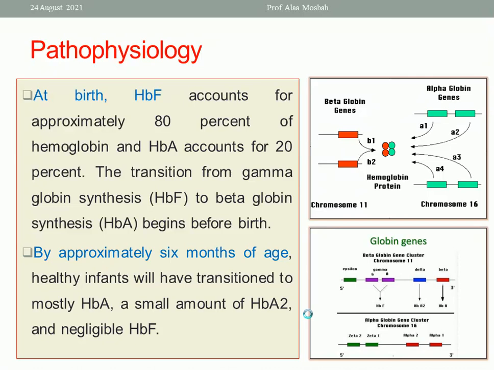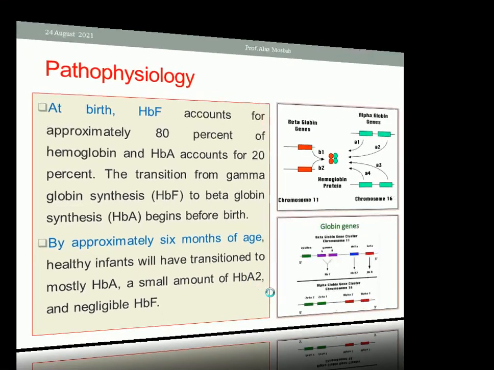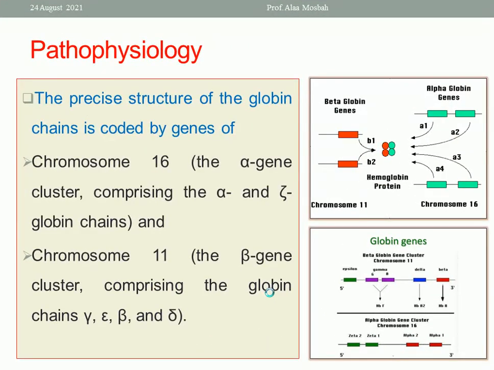A small amount of hemoglobin A2, which is formed of 2 alpha and 2 delta. And a negligible amount of hemoglobin F, which is fetal hemoglobin, formed of 2 alpha and 2 gamma chains. This is after 6 months of delivery.